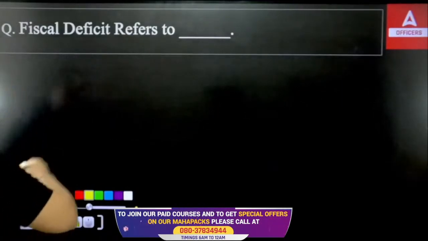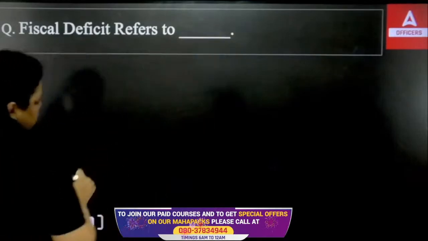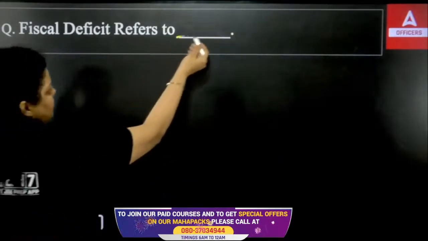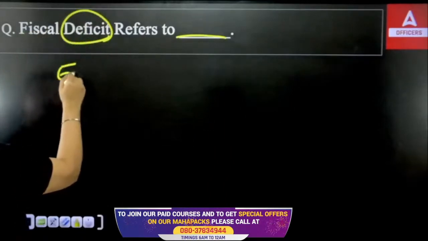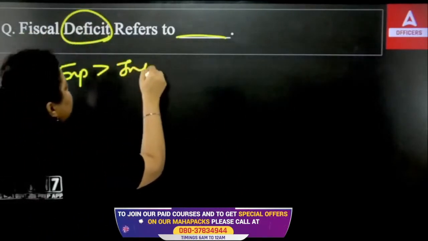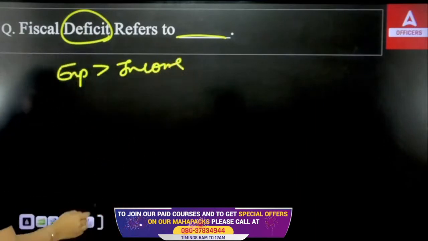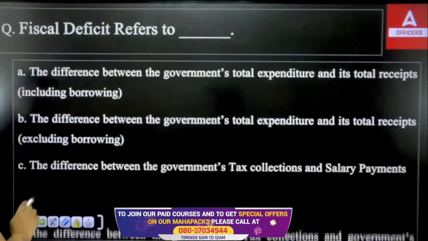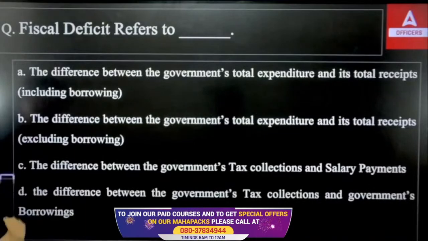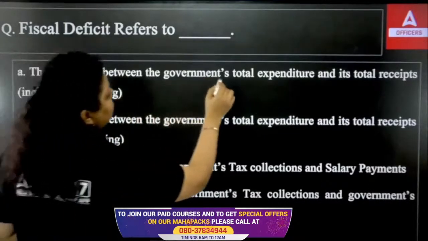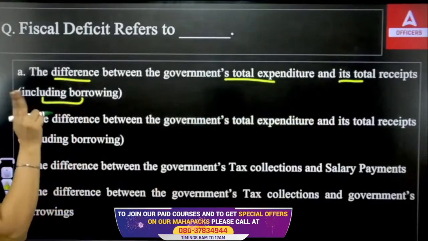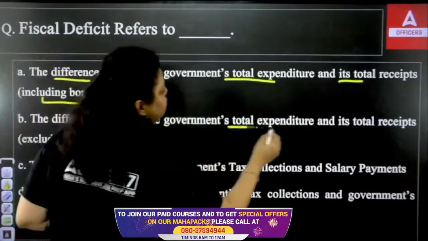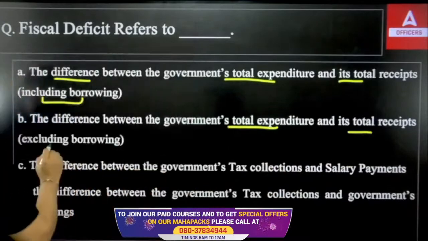Now, fiscal deficit refers to dash. What does fiscal deficit refer to? Deficit means loss. When the expenditure of the Government of India is more than the income, this is known as deficit. So we have certain options here. First, the difference between government's total expenditure and its total receipts, including borrowing. Second, the difference between government's total expenditure and total receipts, excluding borrowing.